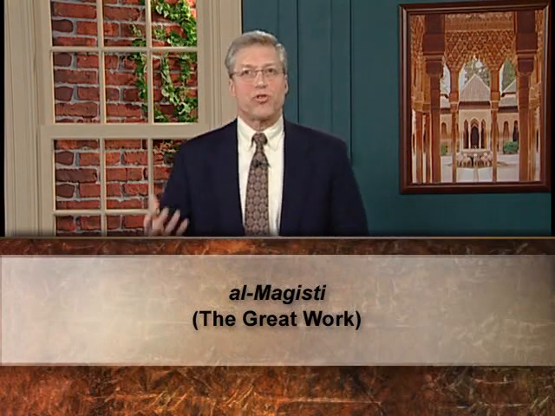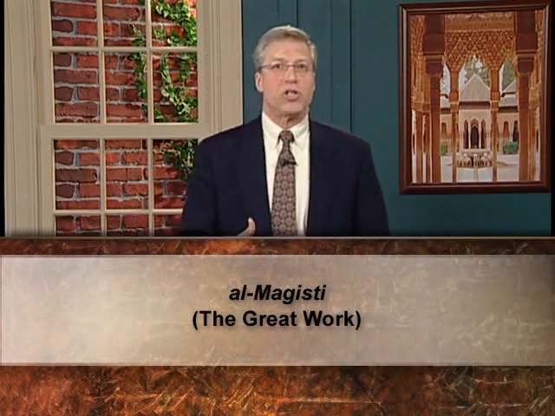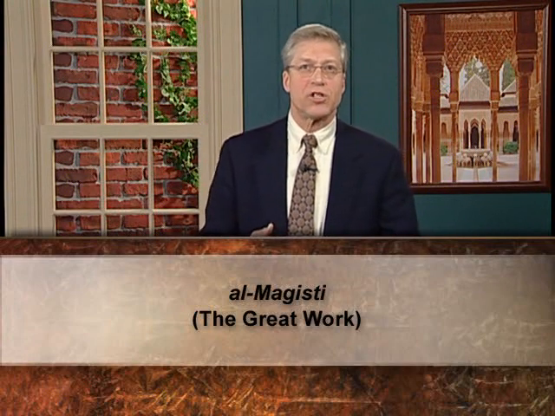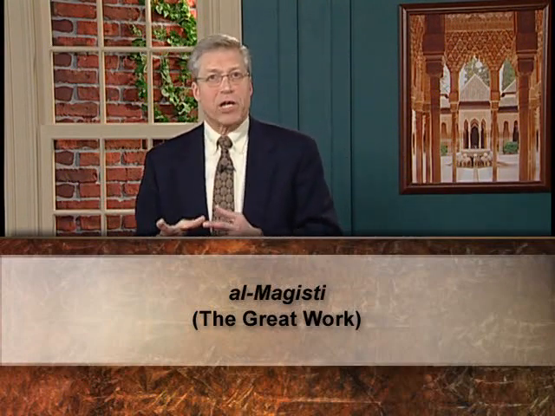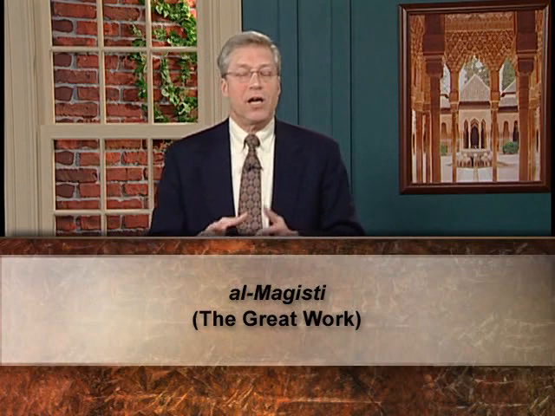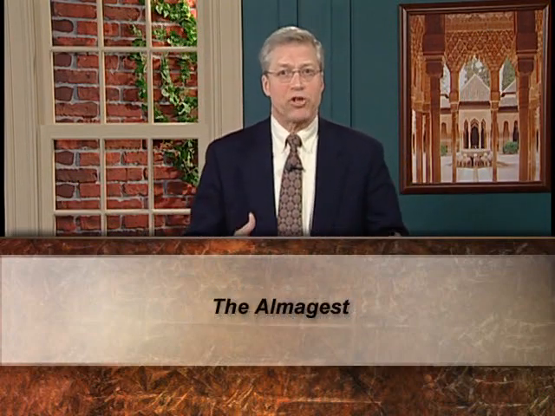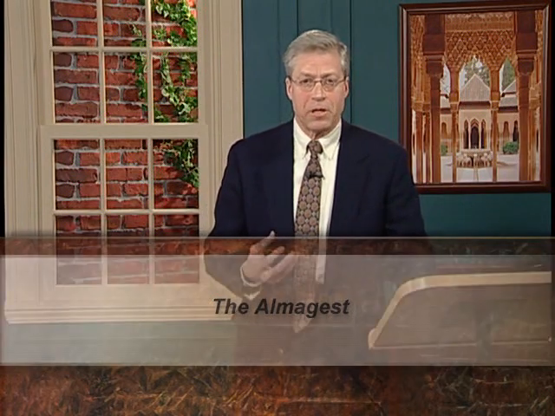When this then was translated from the Arabic into Latin for European astronomers and European scientists, they took the Arabic term, the Al-Magisti, and they called the work the Almagest. And so that's the term by which it is commonly known today.